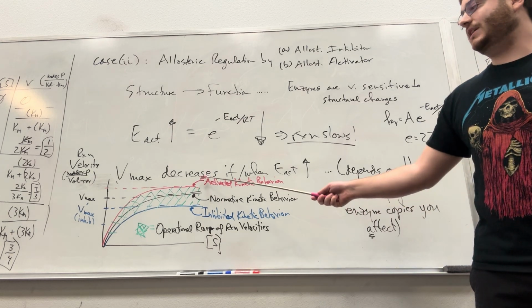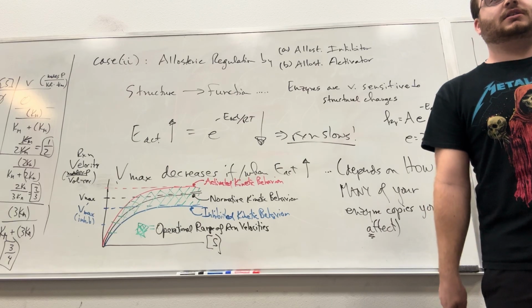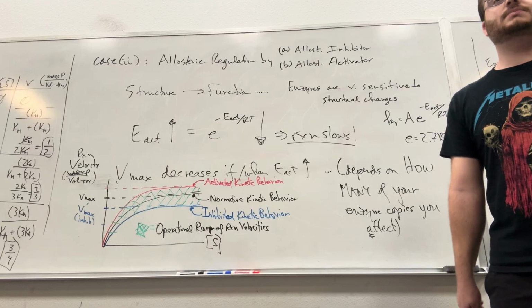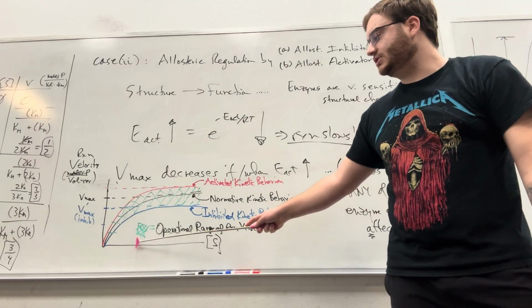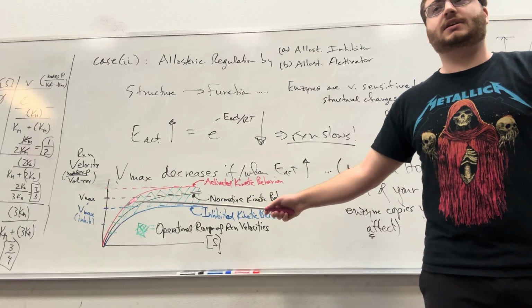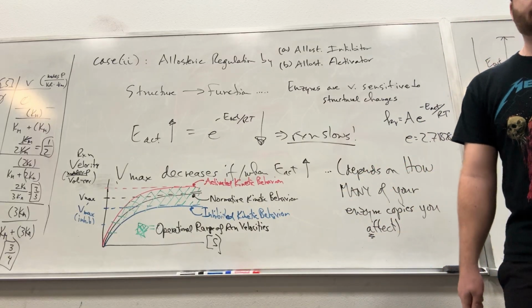So that's going to be this red line. So now my Vmax is higher because I have a stimulator, and at a lower concentration, I'm working at a higher speed than I would based on either of these two or without Cami.